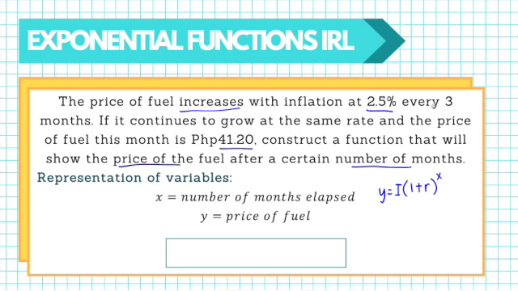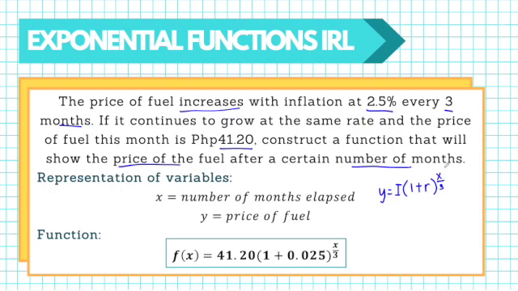But it only increases every 3 months, so since our exponent should represent the number of times it increases, we have to divide the number of months by 3. Therefore, our function is f of x is equal to 41.20 times 1 plus 0.025 raised to x divided by 3.